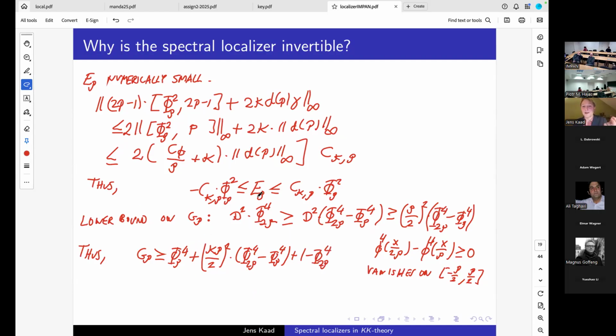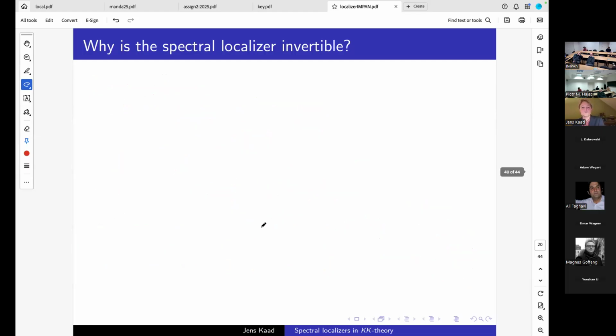So I can combine these two things and get a lower bound on the square of the spectral localizer. So now we get a lower bound on the square of the spectral localizer.